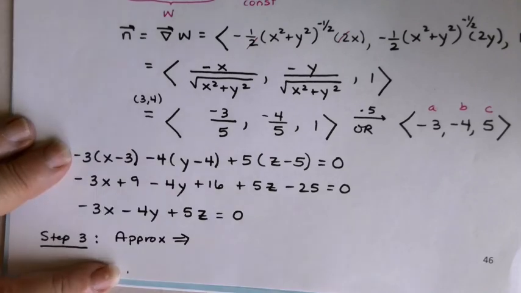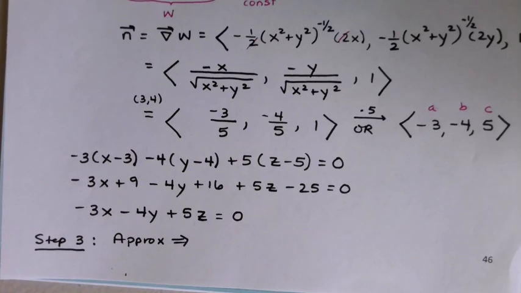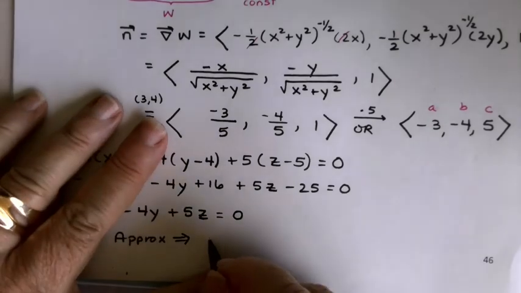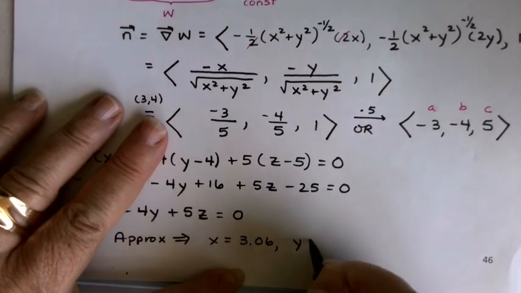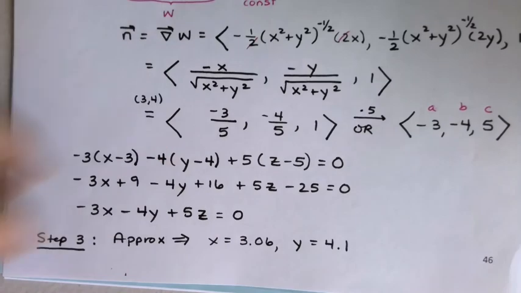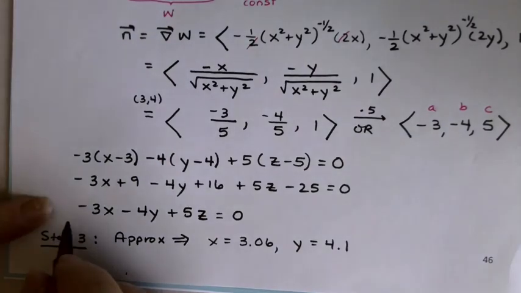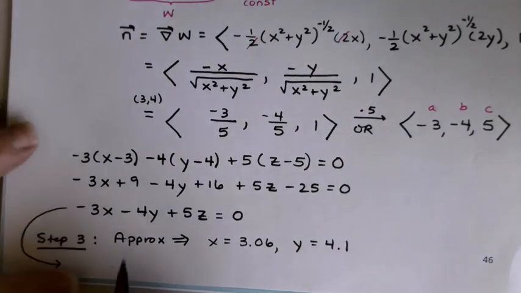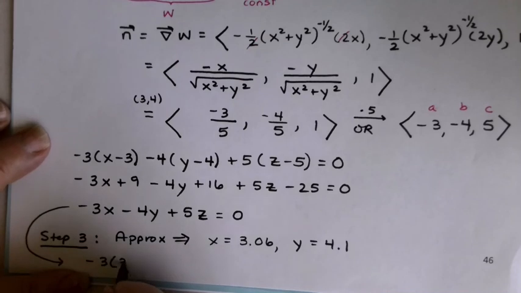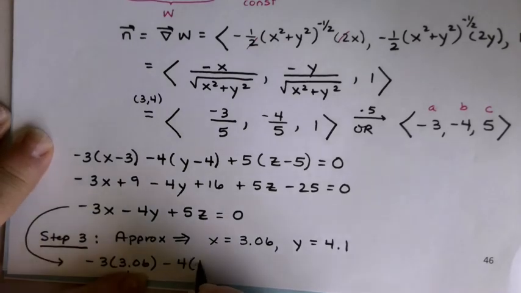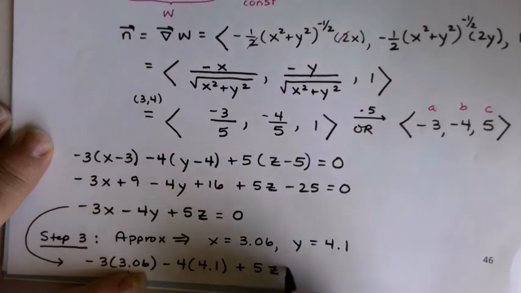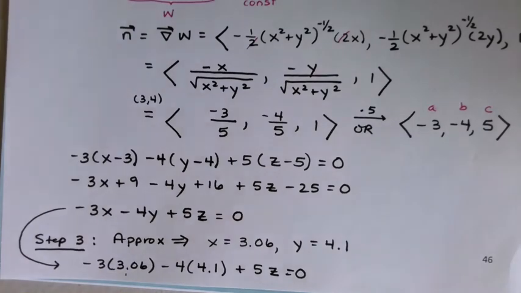So I'm going to now say, all right, the real x and y that I wanted to approximate for were x is 3.06 and y was 4.1. So I'm just going to plug those in here. And then I'm going to solve for z.